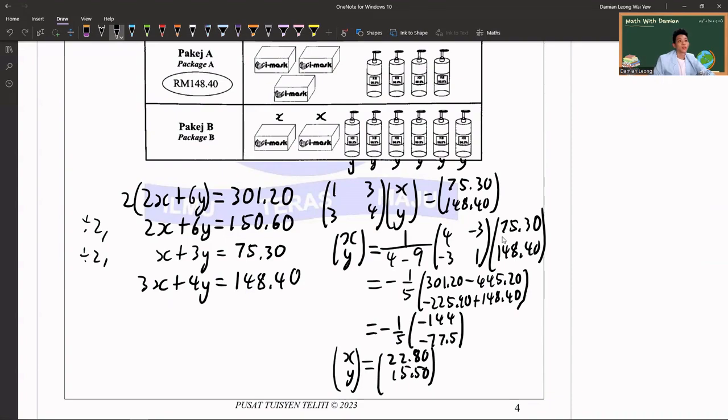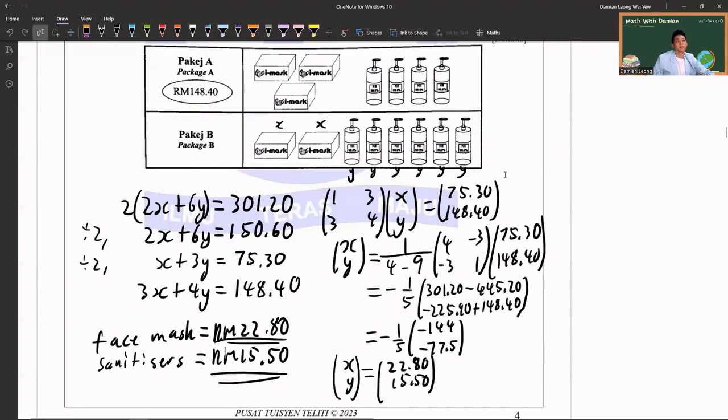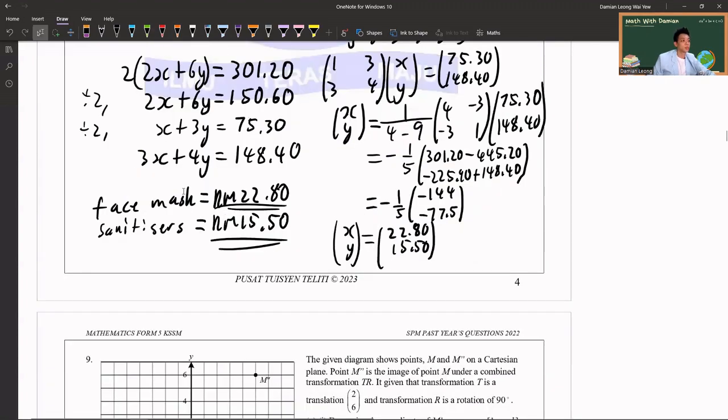Yeah, that's the XY, which means face mask is 22 ringgit 80 cents and sanitizer is 15 ringgit and 50 cents. Yeah, like that. That's using matrix method to solve.